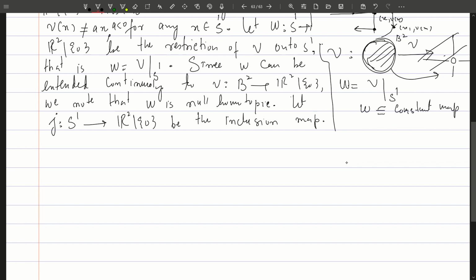Now one can note here this plane R2 minus 0 retracts onto S1.